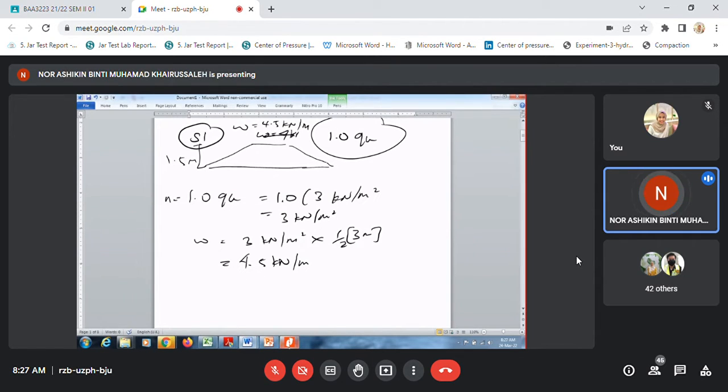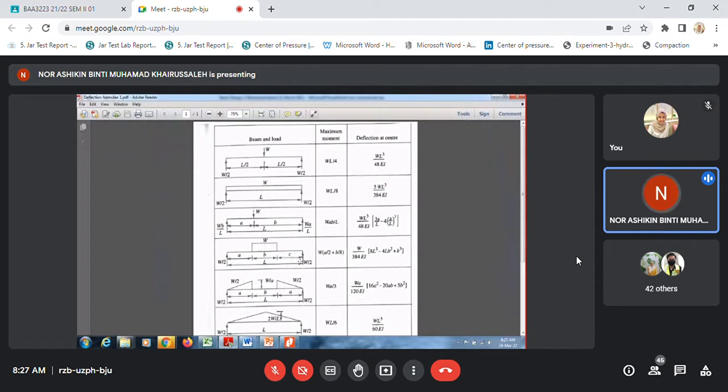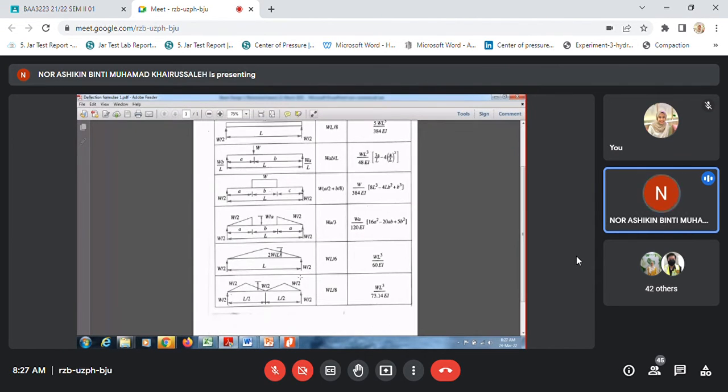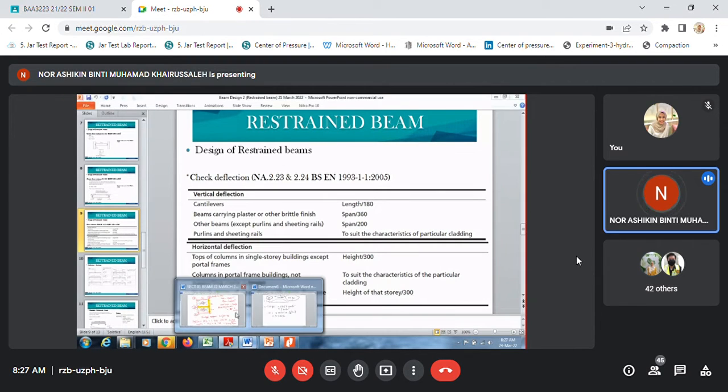Okay, so how about we do it for the flat one first? For the trapezoidal, this combination of this one and this one, we're calculating this one first. I put it aside first.